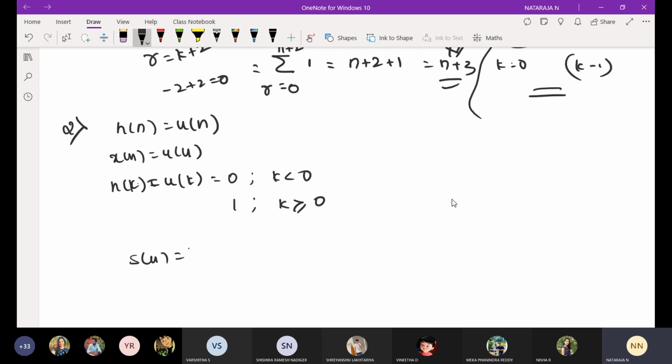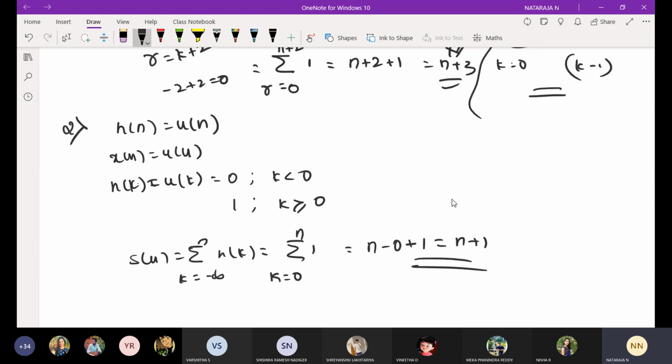So s of n is equal to summation k is equal to minus infinity to n of h of k. Amplitude is 1, so the summation k is equal to 0 to n of 1. Upper limit minus lower limit plus 1, you will get n plus 1. Got everyone? Any doubts?